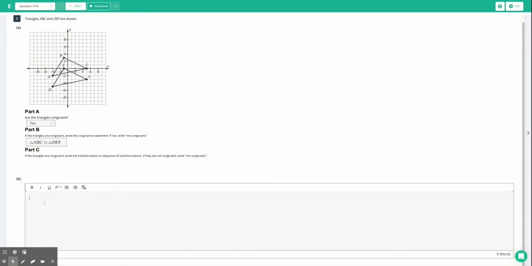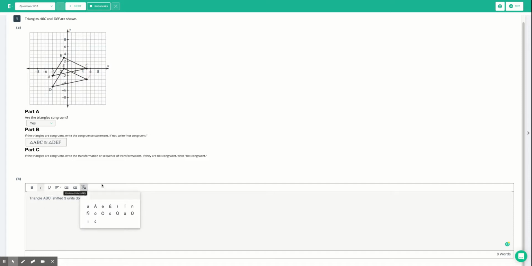The next part you had to do on this problem was to write a transformation sequence. So you could say triangle ABC shifted 3 units down. You could also say (x, y) becomes (x, y minus 3).